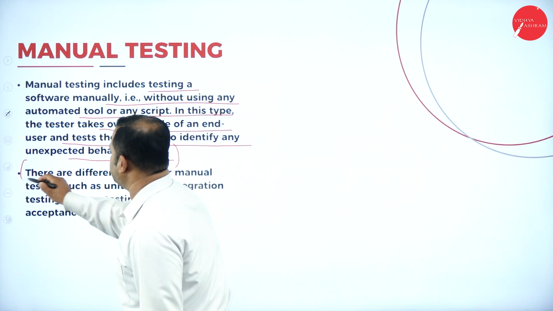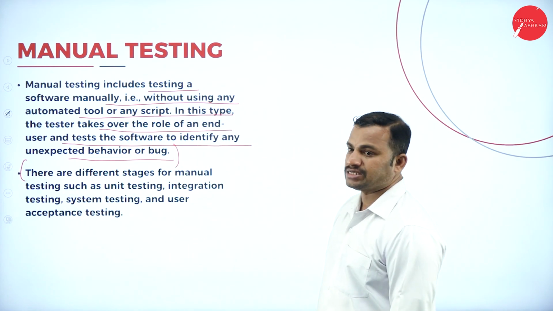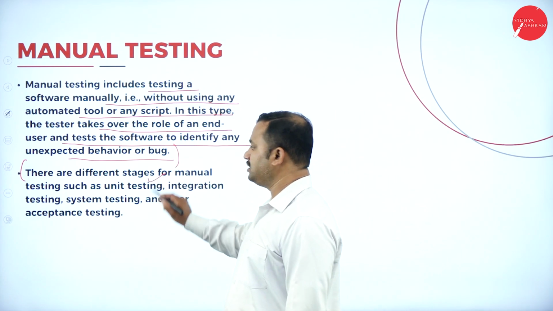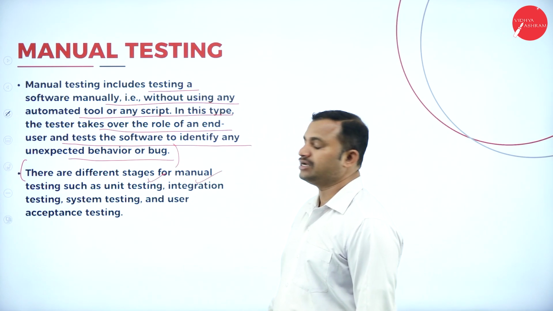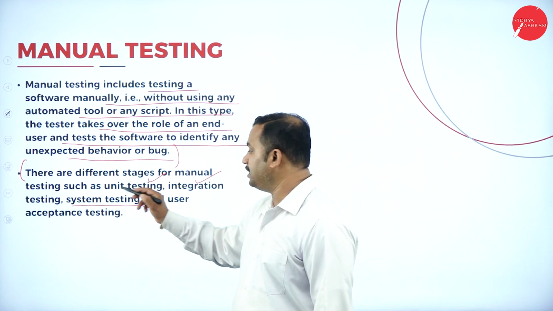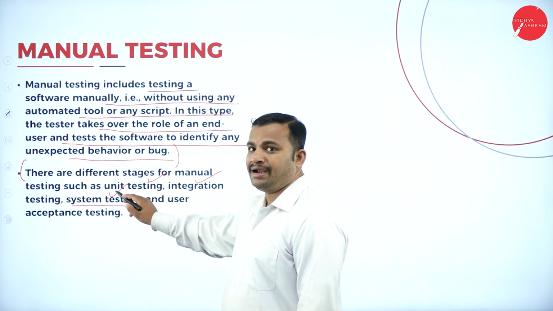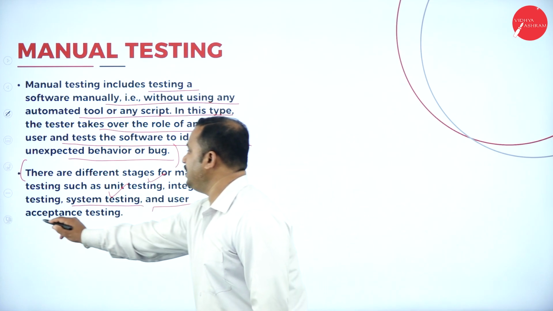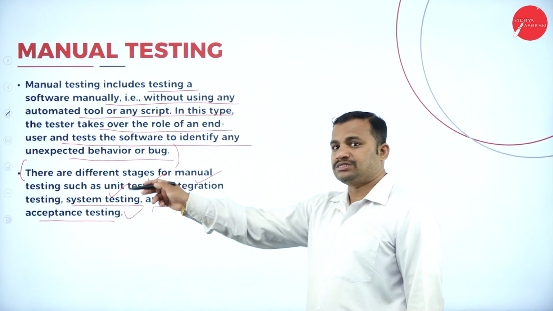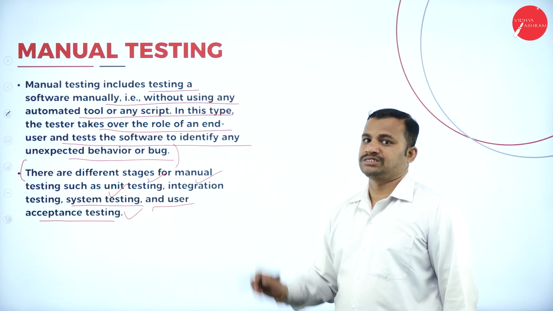There are different stages of manual testing: unit testing, which is done by the developer; integration testing, done by the testing team and development team; system testing, again done by the developer and the testing team; and end user testing, done by the stakeholder and the testing team.